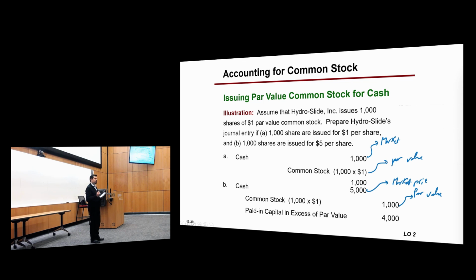Do you understand that? So when the common stock has a par value, this is the value that the company is required to use to record common stock. Anything extra will go to paid-in capital in excess of par value. This is why sometimes this paid-in capital in excess of par value is called premium on stock. Basically, the investors, in order to buy that share, have to pay a premium to buy it.